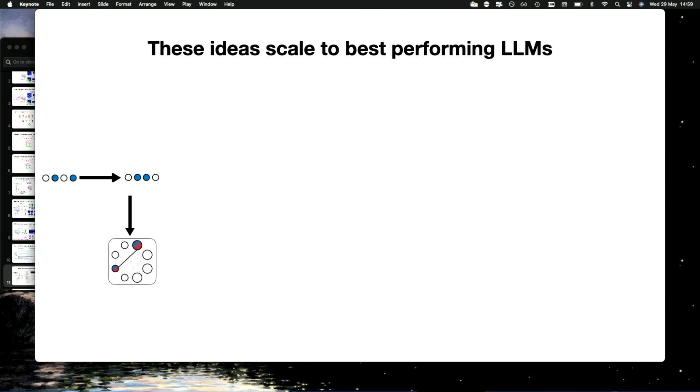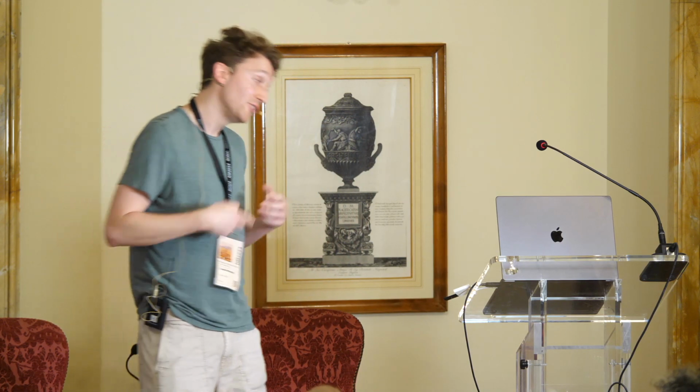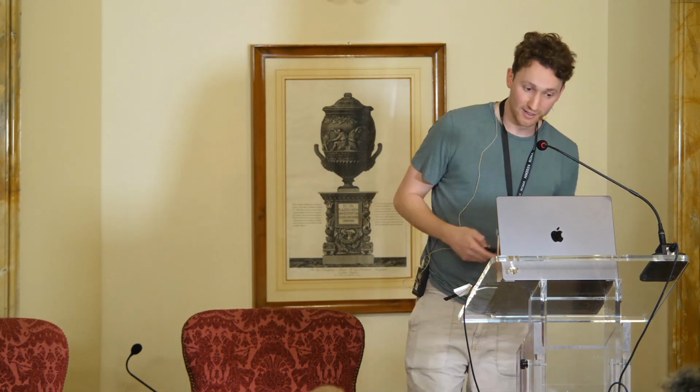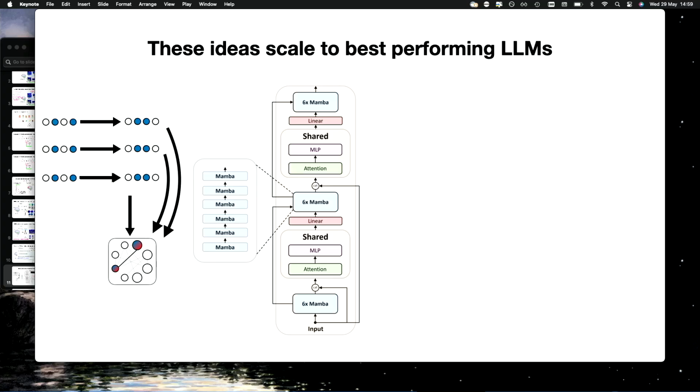Another AI bit. These very same ideas of having this RNN that can interact with a memory system, if you scale it up, for example by adding more layers of the RNN, each interacting with this memory system, which will look a little bit like this to anyone familiar with these AI diagrams of blocks of transformer layers and so on.